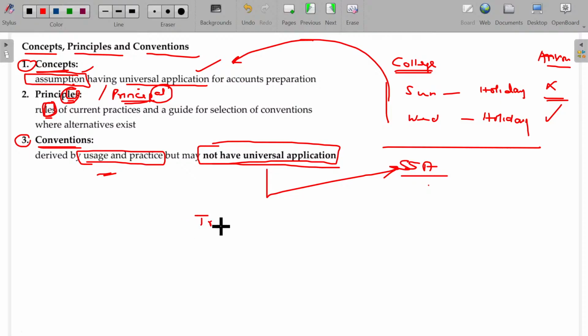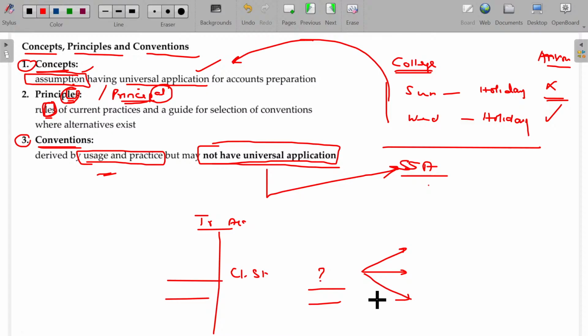Okay. So whenever you post the closing stock here, in the trading account, how can you value the closing stock? We have FIFO method of valuing, LIFO method of valuing, weighted average method of valuing.